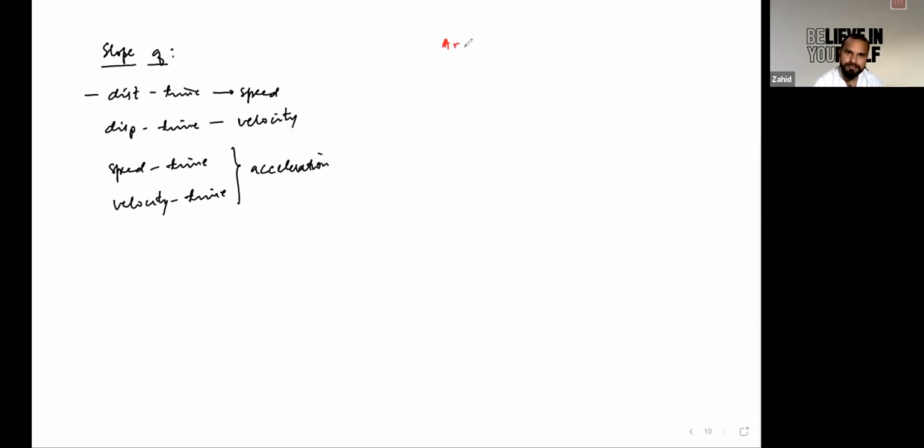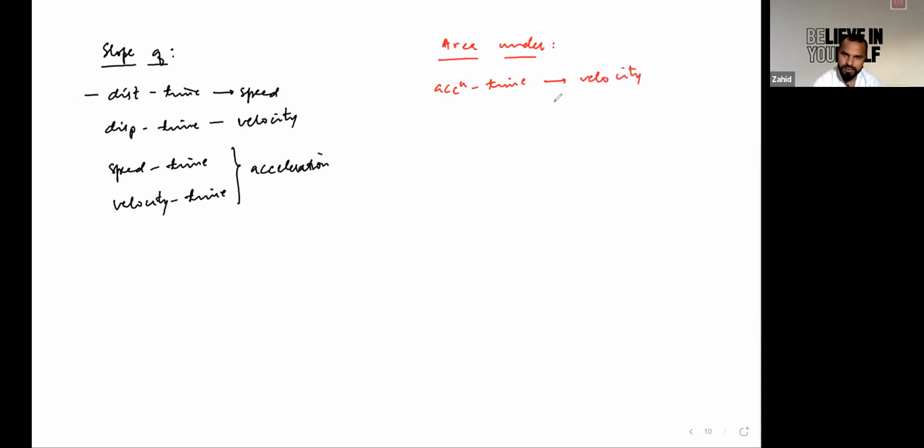Now, next is called area under it. So acceleration versus time will define velocity.